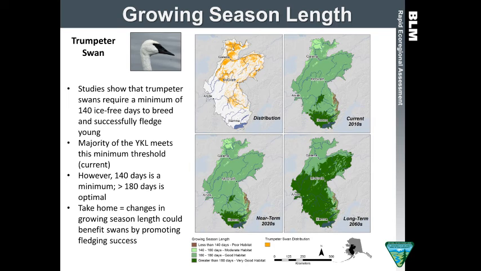On the right-hand upper map is our current conditions, where the color coding goes from the darker green, which indicates greater than 180 days within the growing season, and growing season length gets shorter as you go northward. But overall, conditions within the REA meet this minimum threshold of over 140 days.